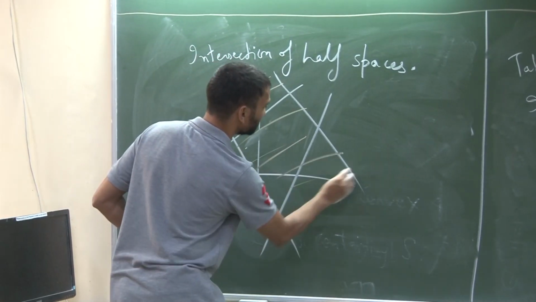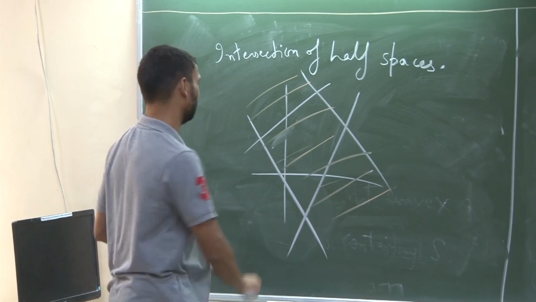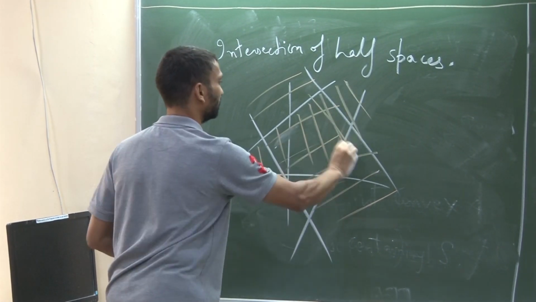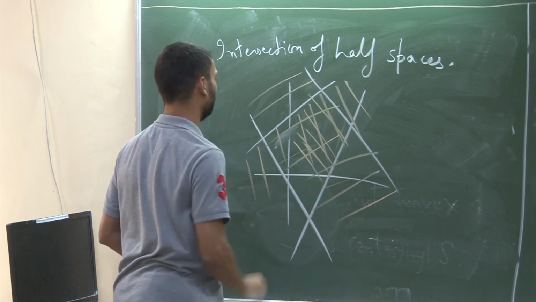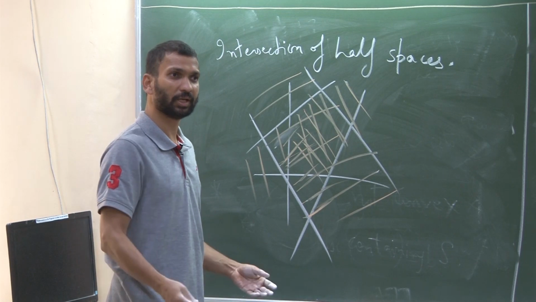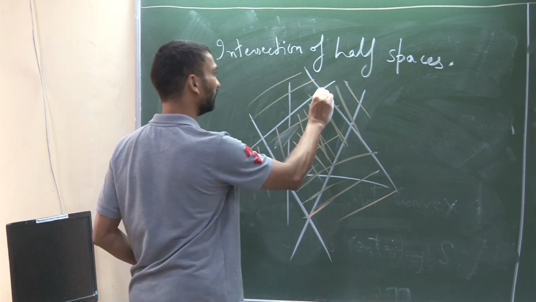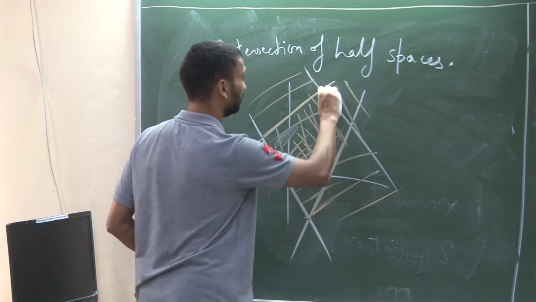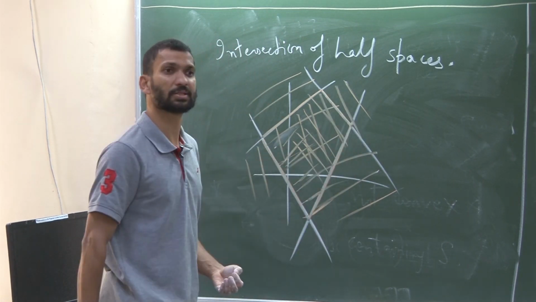This is an inequality. This is an equality. This is an equality. This is an equality, right? If I take the intersection, I get this polygon.